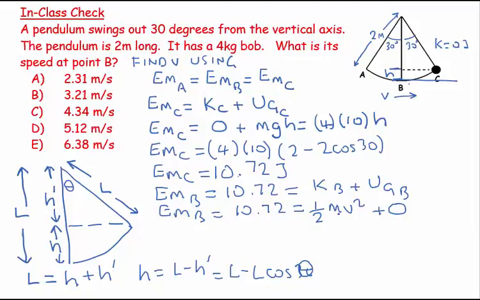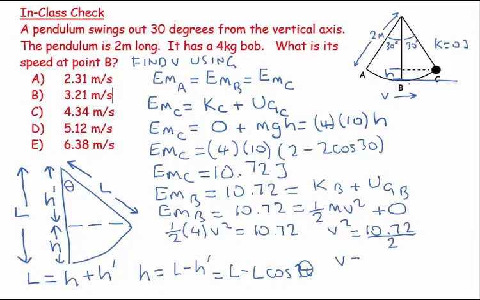So then I say, 1/2 times mass, which is 4, times V squared is equal to 10.72. So V squared is equal to 10.72 divided by 2.